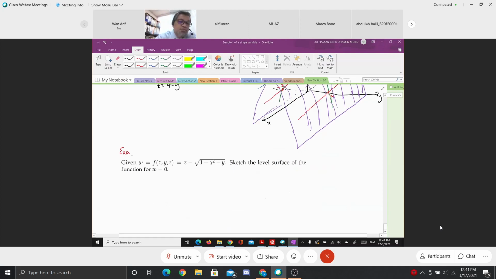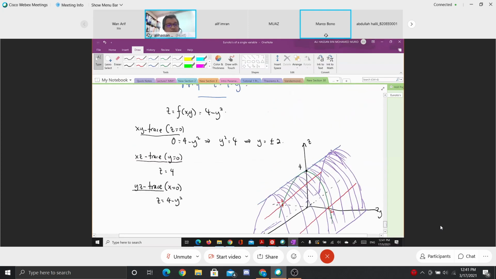Excuse me, doctor. Yes. Should we rewrite the equation, moving terms to the other side of the equal sign, only then sketch it? I'm sorry, I don't understand. Should we rewrite the equation as z equals the square root of 1 minus x squared?